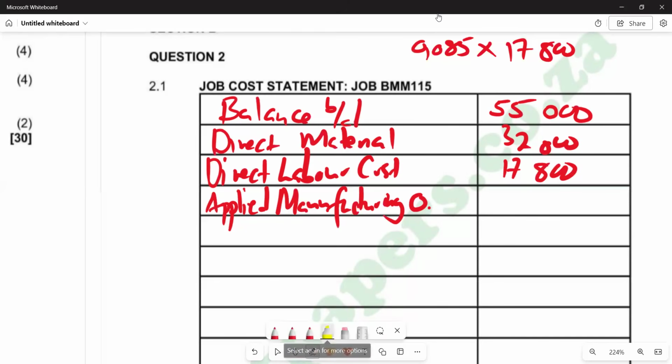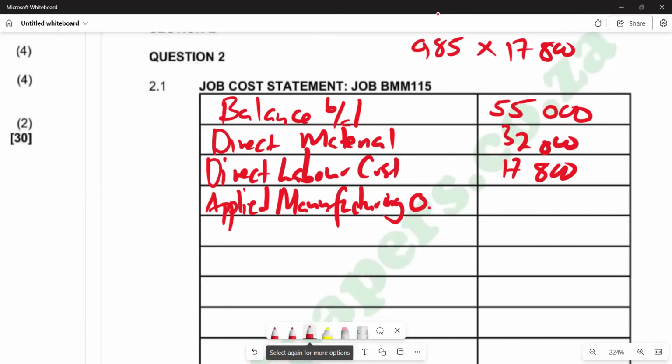So we have 0.85, and then we multiply by 17,800, and then we get 15,130.